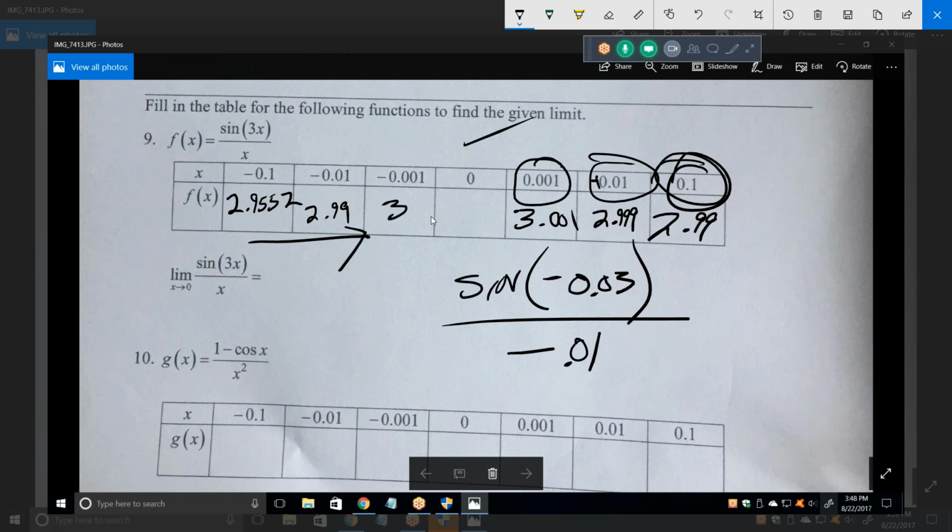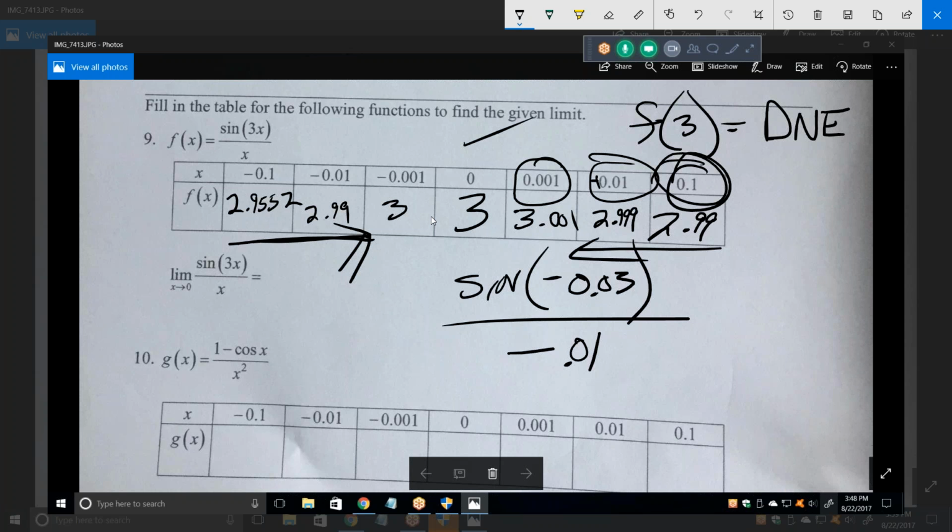Now, what's this headed for? 3. What's this headed for? 3. What's the limit at 0? 3. Even though that's undefined. In other words, f of 0 is not defined. F of 0 does not exist. It's not that the limit doesn't exist, it's that f of 0 doesn't exist, because you cannot divide by 0.